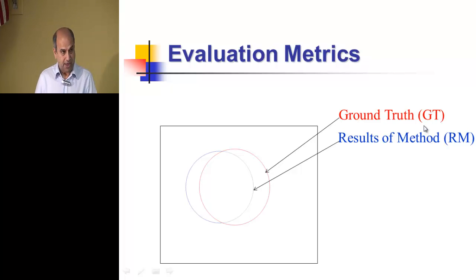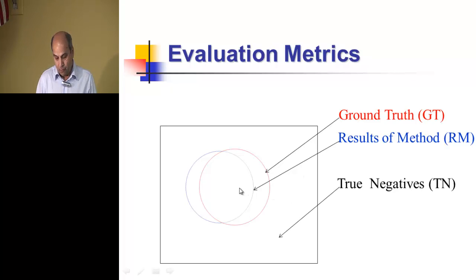So you see there's an intersection, and lots of them are common, which is good. Whenever you want to test a classifier, you also need examples from other classes. Not only should it say dog is dog, but it should say cat is not a dog. Those cats will be true negatives. So you have the ground truth, the result of your method, and the negatives.